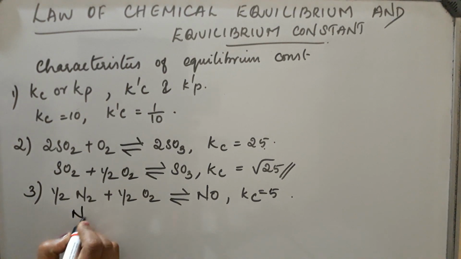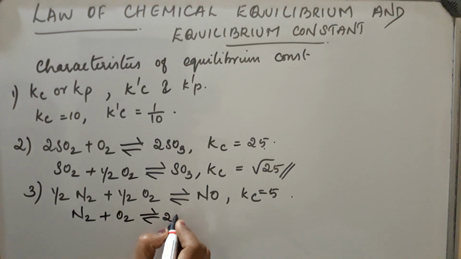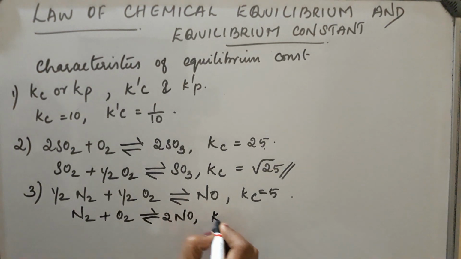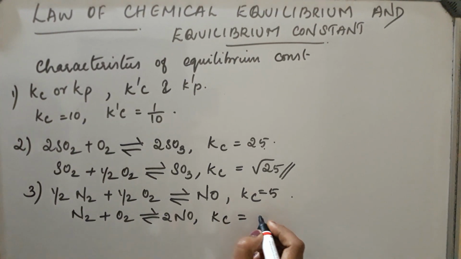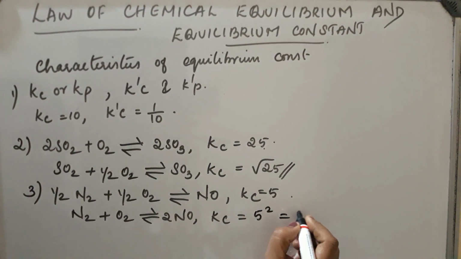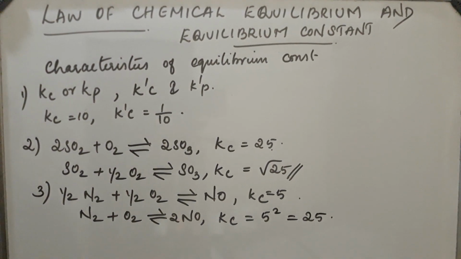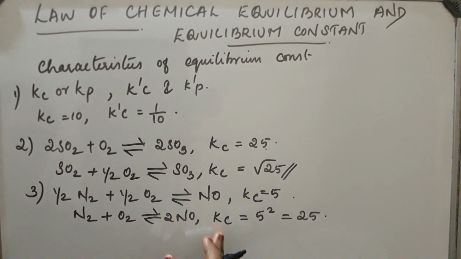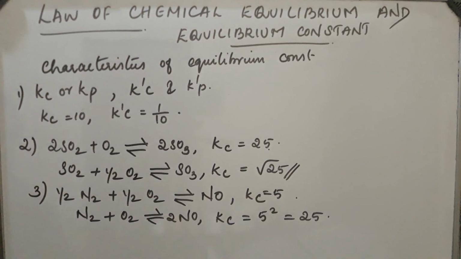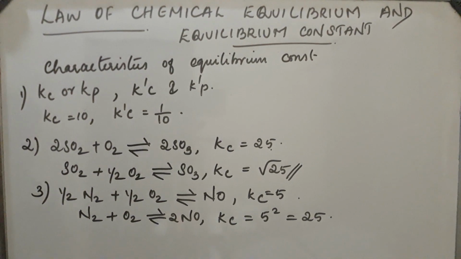N2 plus O2 gives 2NO. In this case, what will be the new equilibrium constant? The new equilibrium constant will be 5 square, or 25. Instead of 2, if there is n times, then Kc will be raised to n. Like this we can find the equilibrium constant of the new equation.